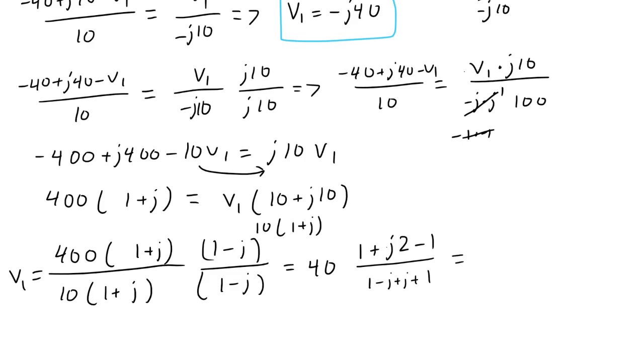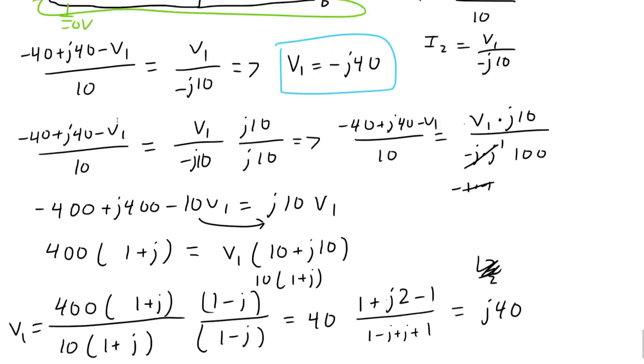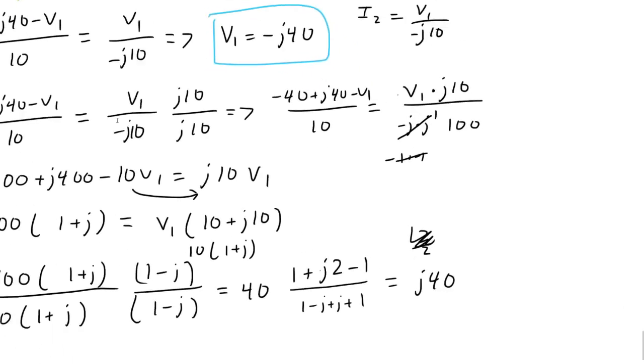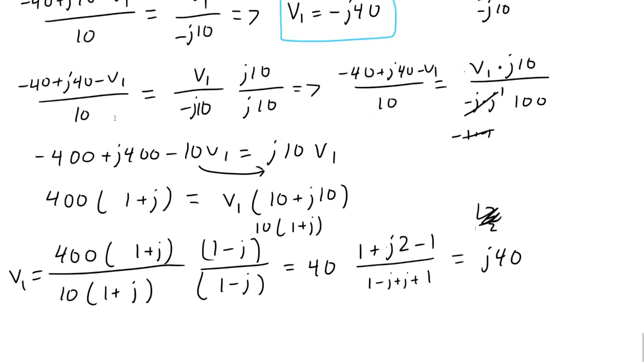So it's going to end up being j40, right? Yeah, j40. That's going to be 2 divided by 2. So there you go. That's how your calculator is basically doing it. So that's the value for V1.